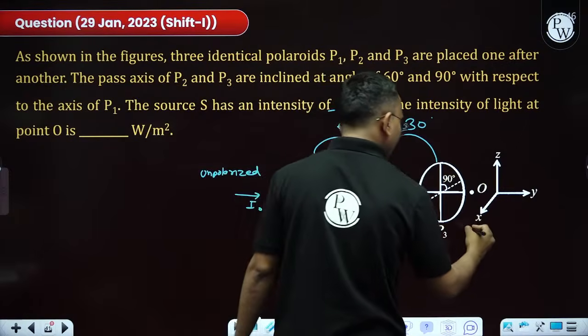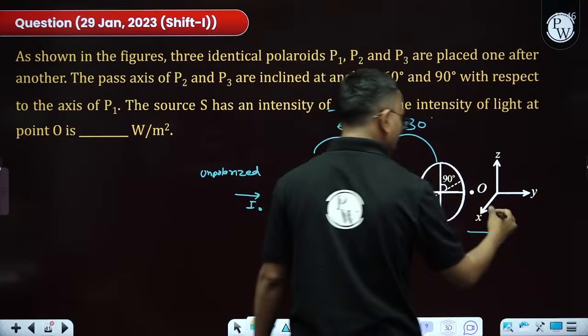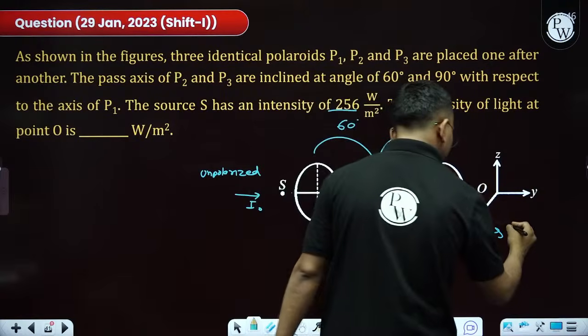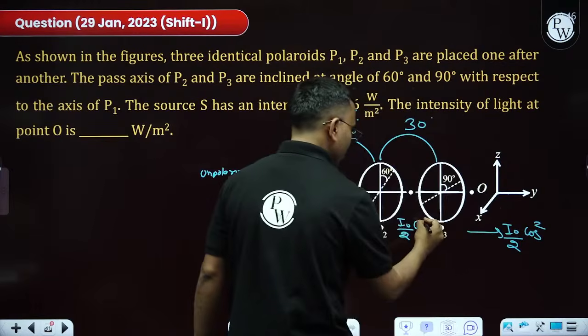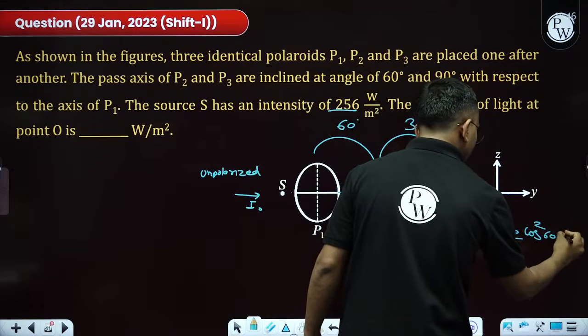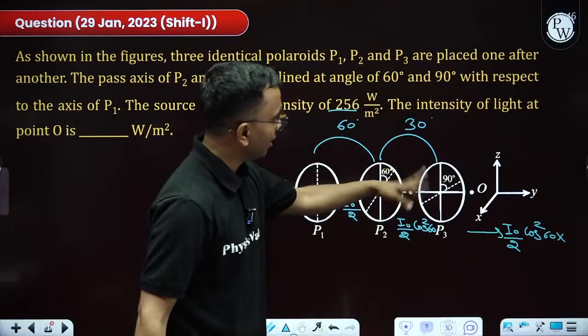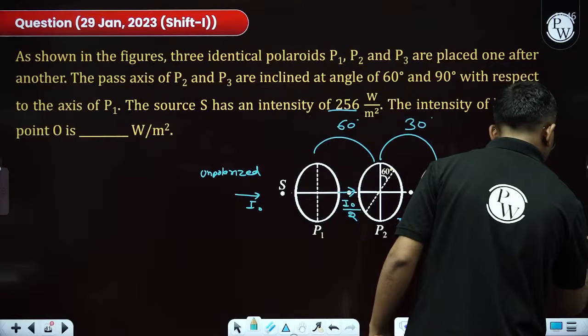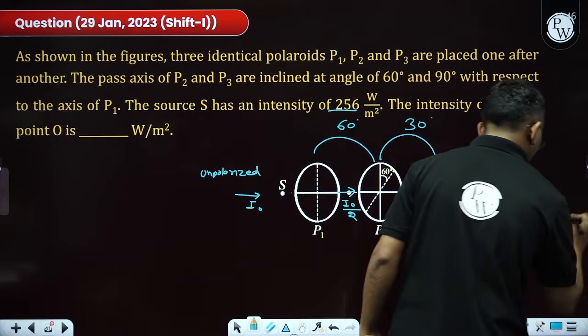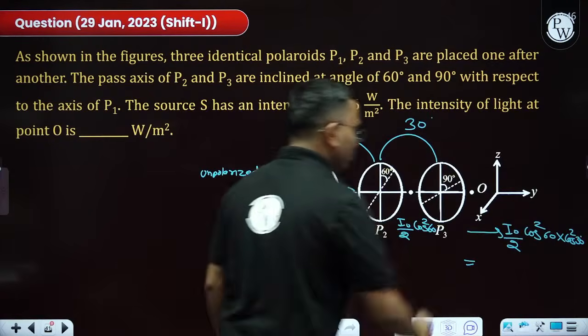Then again the angle theta, the intensity into cos square theta. So I naught by 2 cos square 60 into cos square of this angle, which is 30, so cos square 30. Now do the calculations.